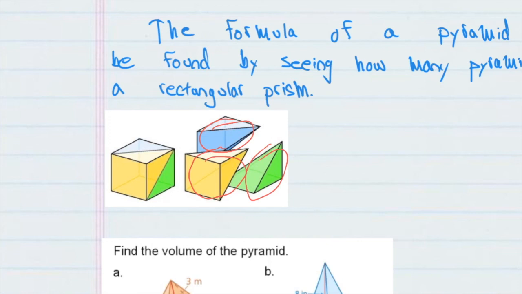Those are 3 identical pyramids. If you put them together, they create a cube. That means 1 cube is equal to 3 pyramids. If I wanted to say, what does 1 pyramid equal? What's the volume of 1 pyramid?